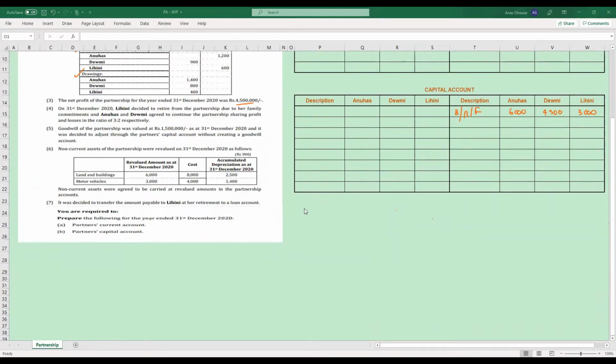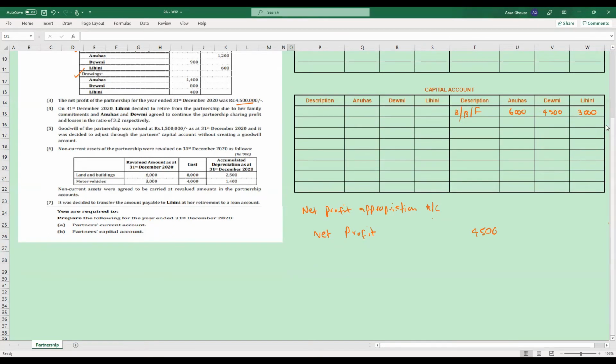Let's prepare the net profit appropriation account. This is the appropriation account. Let's take the net profit. Net profit is 4,500,000, so we'll take it in thousands, 4.5 million.